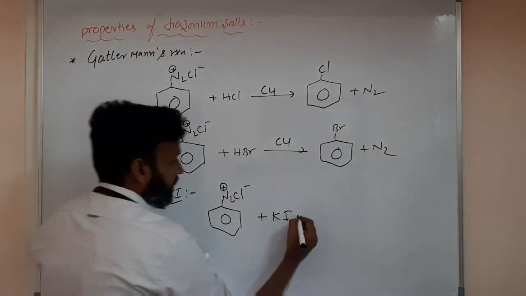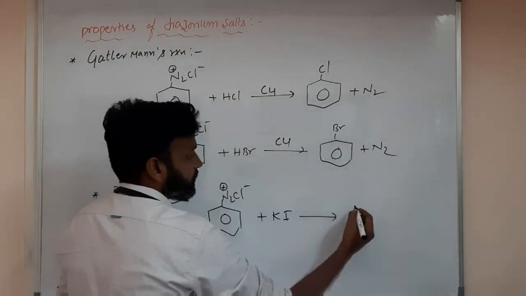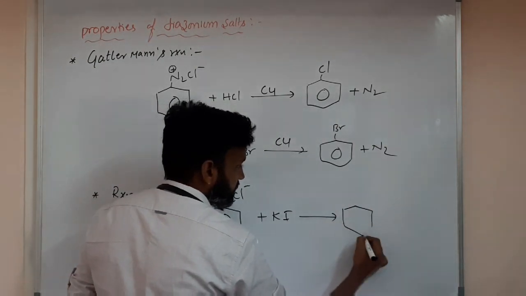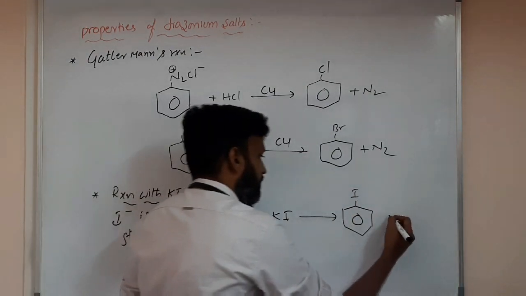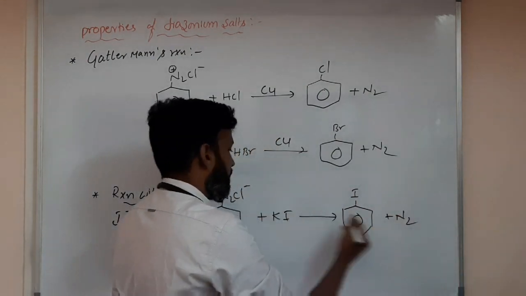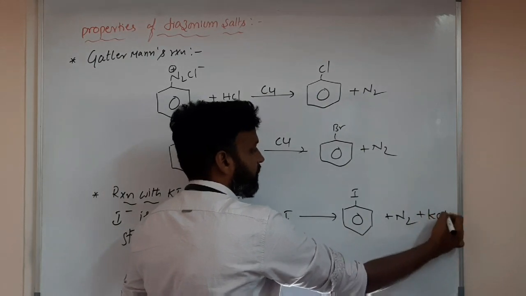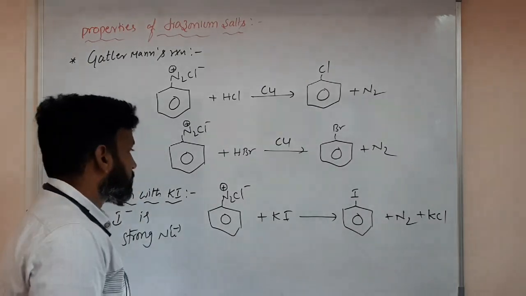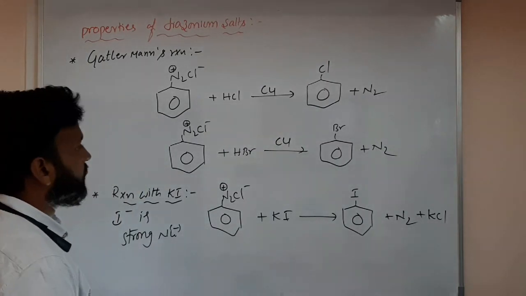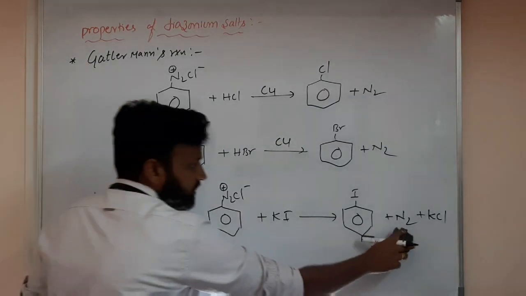So here, when it reacts with potassium iodide, our product is C6H5I, iodobenzene, along with N2 and KCl. N2 is the byproduct, that is very important. You have benzene diazonium chloride, and afterwards N2 is the byproduct.